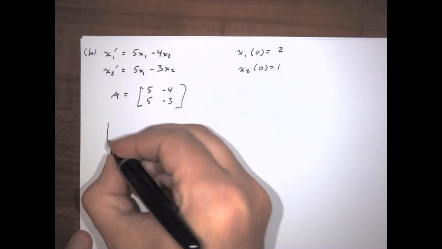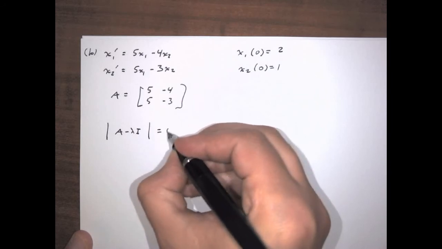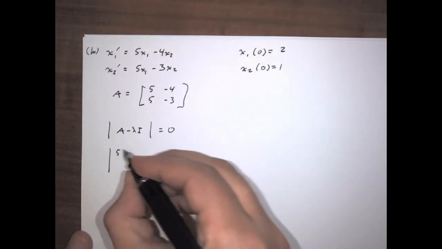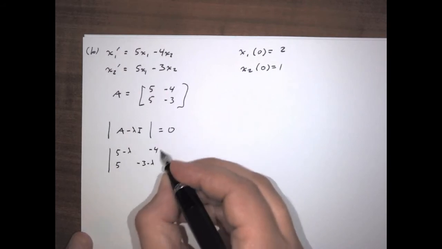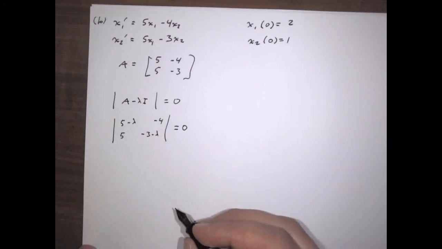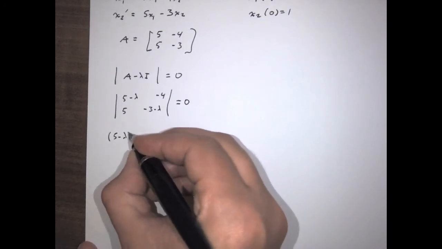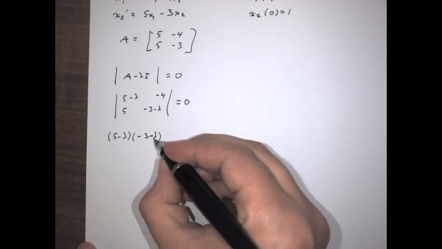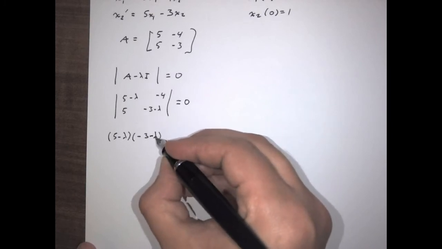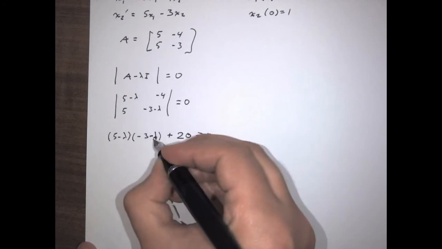Now, the determinant of A minus lambda I is what we said equal to 0, so that's going to be the determinant of (5 minus lambda, negative 4; 5, negative 3 minus lambda), and that equals 0, which then we multiply out in typical determinant finding fashion, so (5 minus lambda)(negative 3 minus lambda), and then over here it's going to be minus negative 4 times 5, so it's going to be plus 20 equals 0.